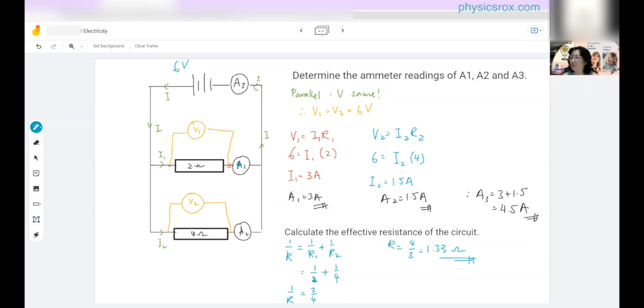I got some students who did 1 over 2 plus 1 over 4 as 1 plus 1 is 1, 2 plus 4 is 6, 1 over 6. That happened before. So don't solve everything like normal first. Get this answer side by side. You see, 1 over R is 3 over 4. Flip. That's how you get the answer. Any questions? Okay, so we stop now. All right, bye.